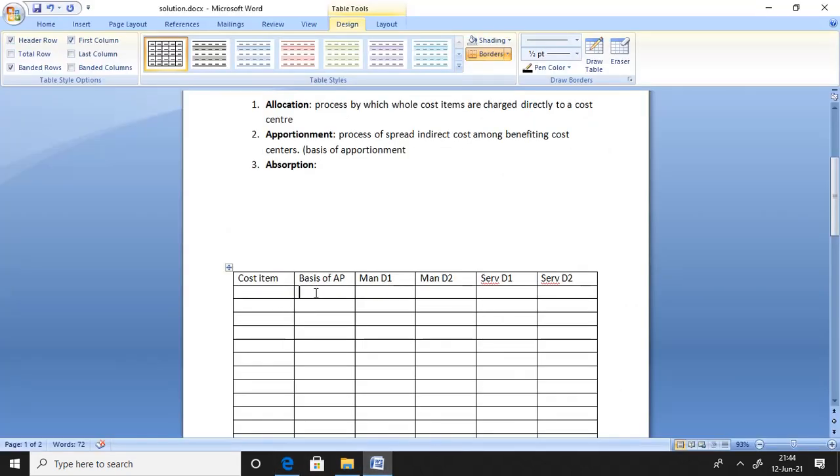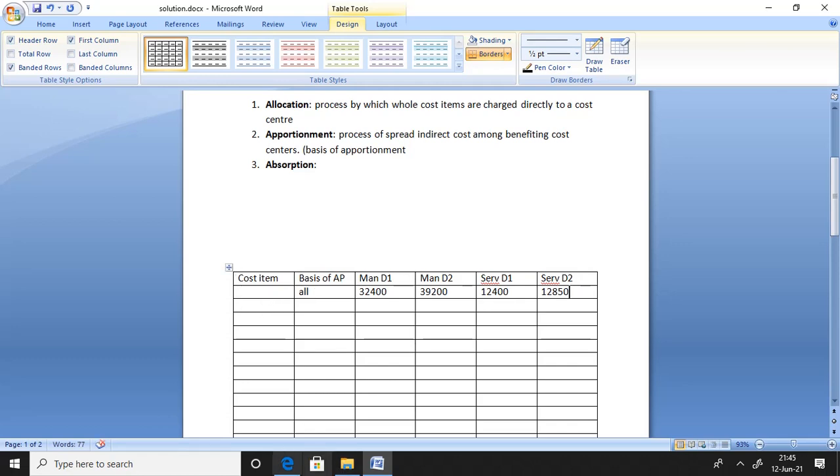So these are simply allocated overheads: 32,400, then 39,200, followed by 12,400, and the last one is 12,850.